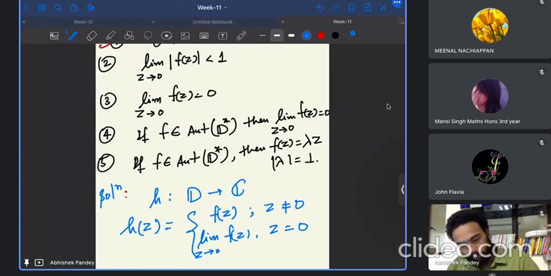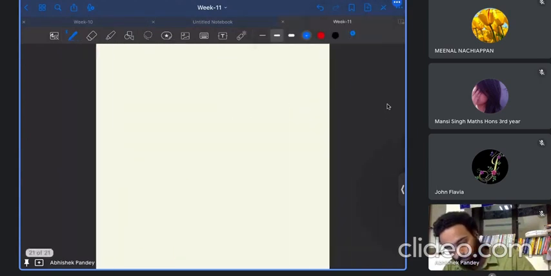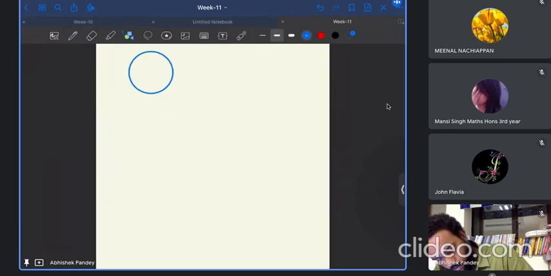You take this punctured unit disk, punctured at origin.